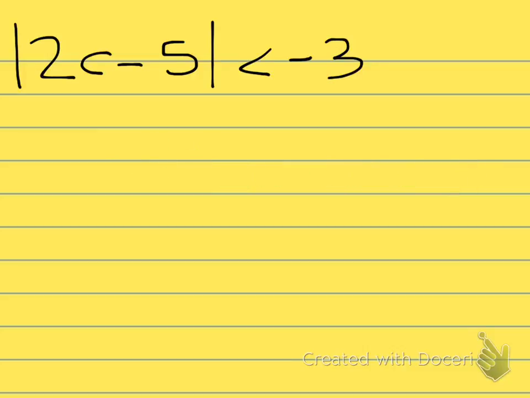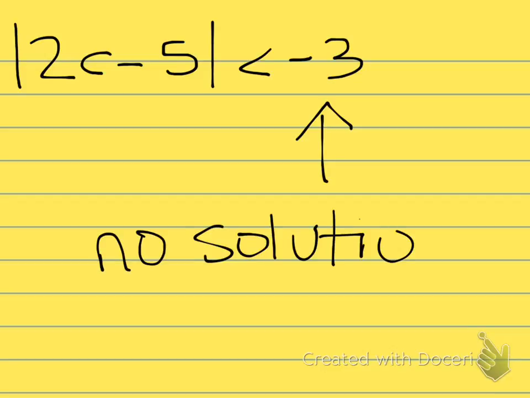This one is -3. When you have an absolute value and you have it equal to or less than anything that's a negative number, you automatically say no solution. So this one is actually a special one. And I know it's no solution because it's absolute value and it has a negative with the number after the inequality symbol.